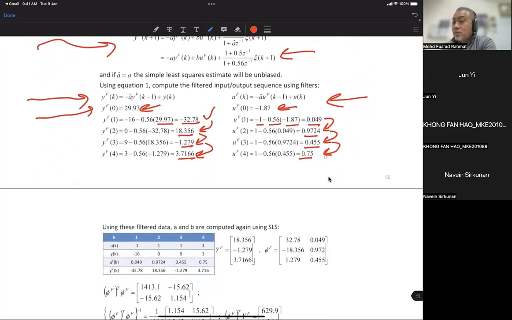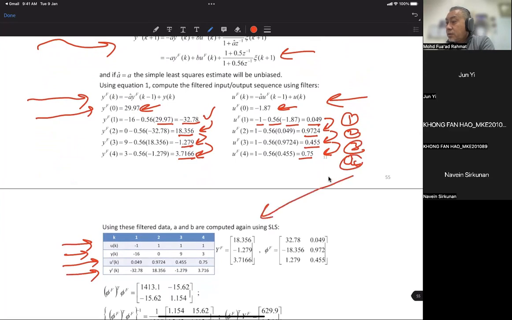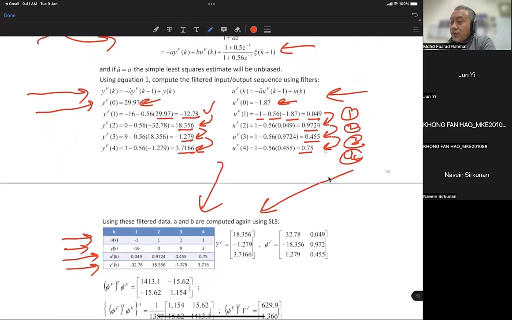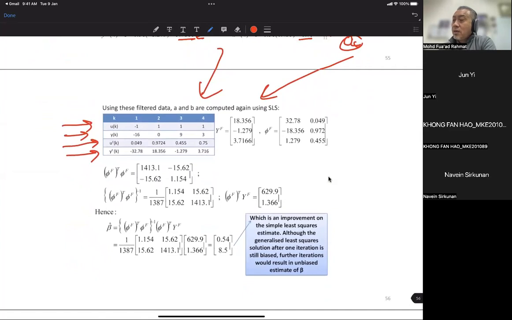So UK, YK, UF filter, and YF filter. You can see 0.049 from the first one, then second, third, and fourth go here, and this one goes there as well. Now you have a new table of filtered data.